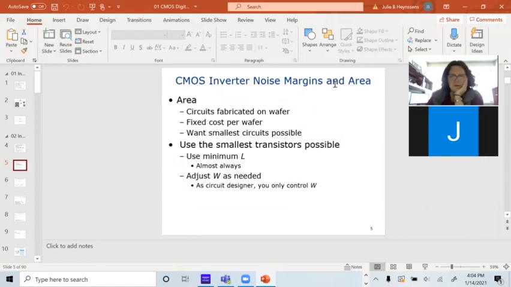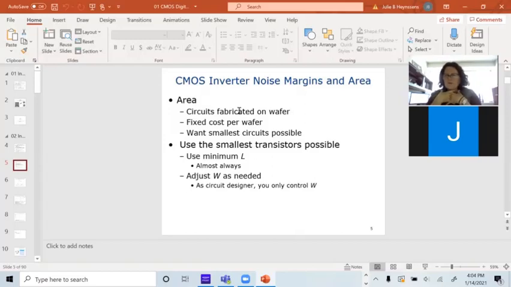When we build these CMOS circuits, whether it's an inverter or an AND gate or whatever we're building, pretty much we're building them on those wafers like I showed you yesterday, those circular die. And if I can fit more circuits in that circular area, if I can fit more die in there, I can charge more.